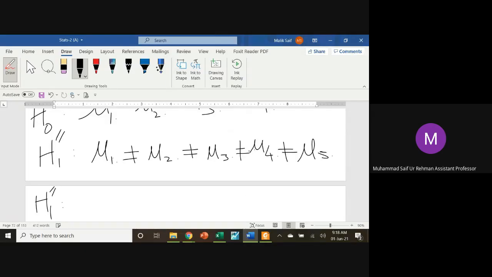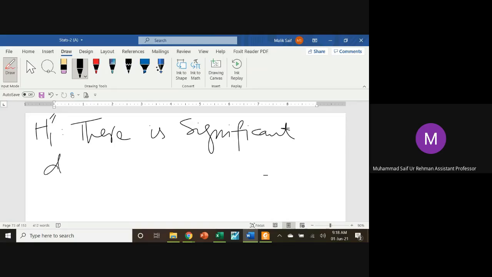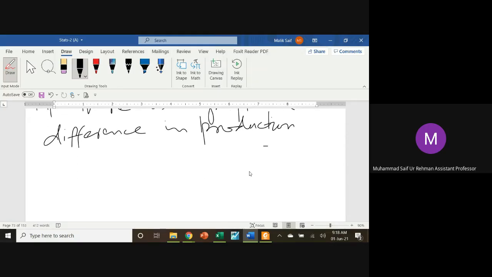So then you will write it down as, there is significant difference in production between employees.